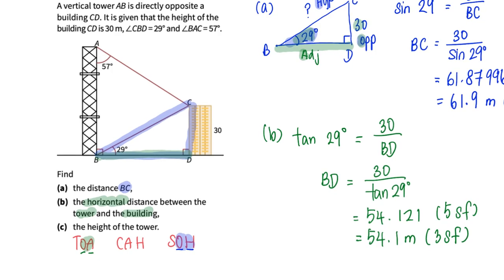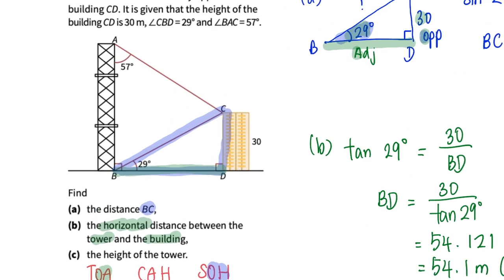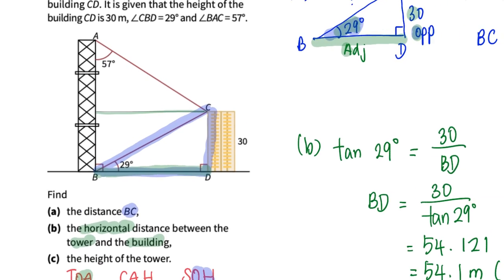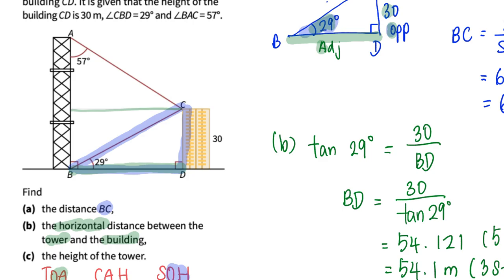Part C, the height of the tower. So to do that, let's go straight into here and see what we have currently. Well, we will need to draw this line out, and this line happens to be the same as BD, which is 54.121.